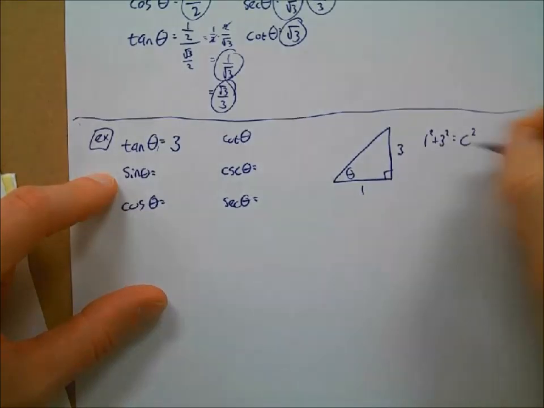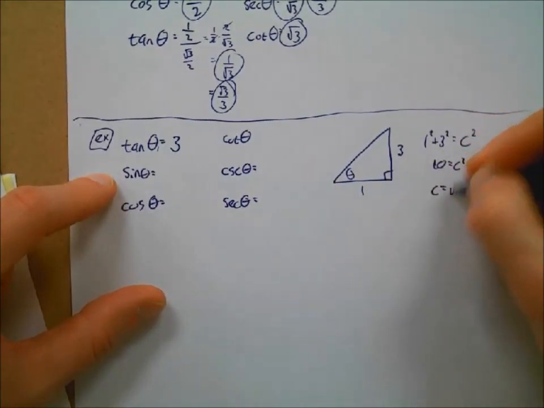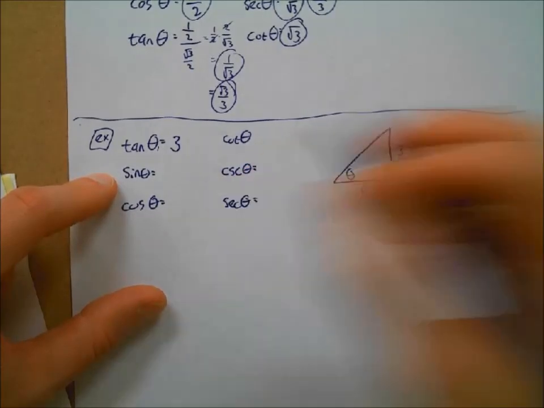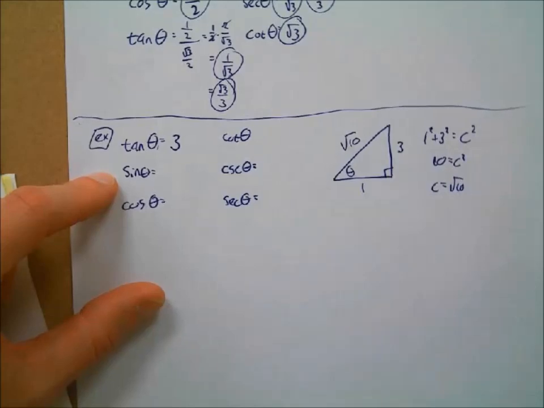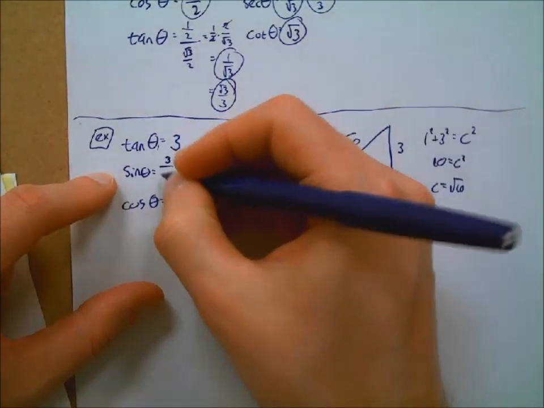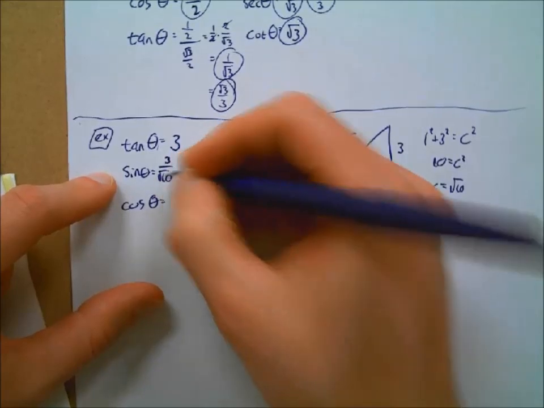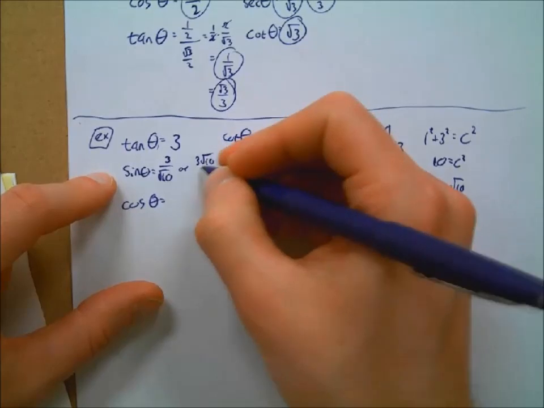So that's going to be 9 plus 1 is 10. So c is the square root of 10. So sine of this particular angle theta will equal 3 over the square root of 10, or if you rationalize, 3 root 10 over 10.